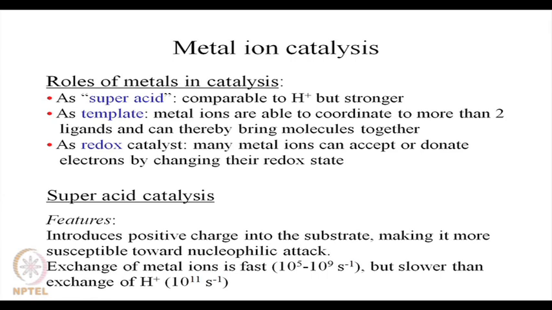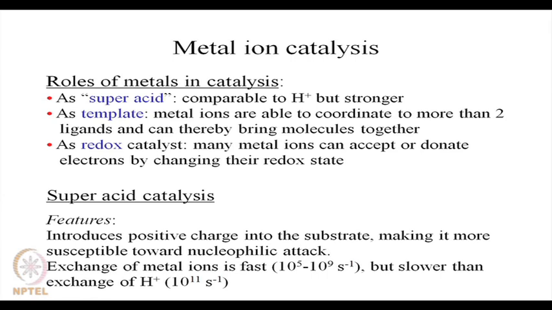Because these superacids are very strong, maybe in some cases stronger or comparable to H plus. So, they can be good catalysts. And they have a very good option for carrying out redox reactions during binding. That is, this metal ion can accept or donate electrons by changing the redox state.